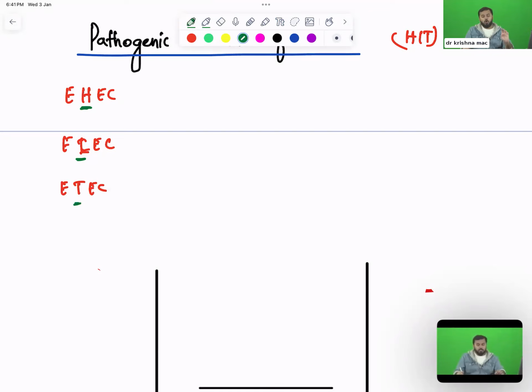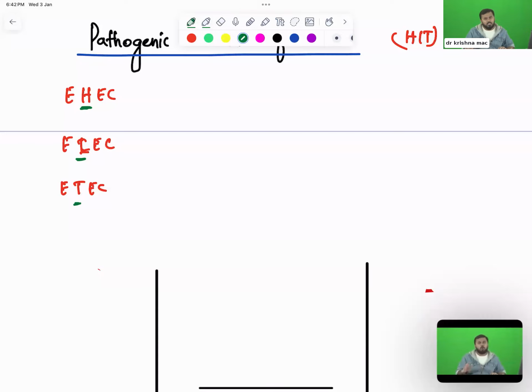Enterotoxigenic E. coli. So there are three important strains which I am teaching you here: HIT. HIT stands for enterohemorrhagic E. coli, enteroinvasive E. coli, enterotoxigenic E. coli. Clear? So till here, all of you understood. Now, just by looking at the words, tell me which E. coli sounds very dangerous.